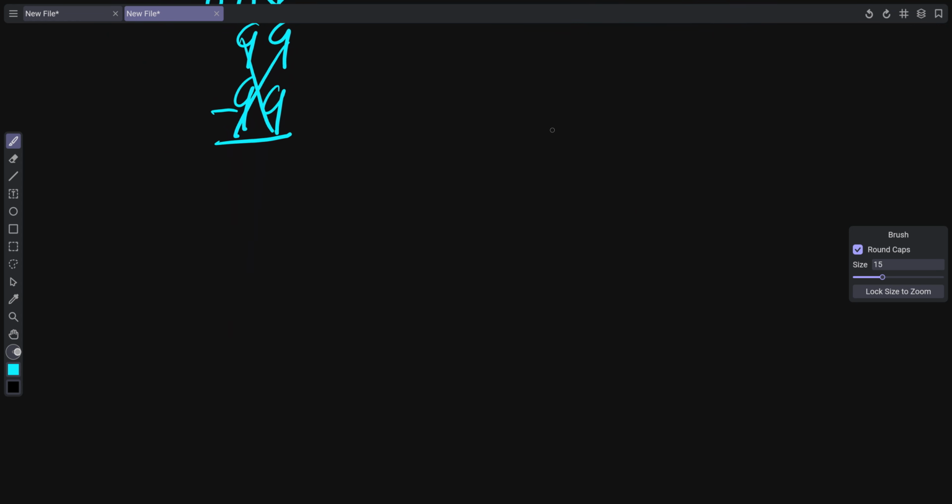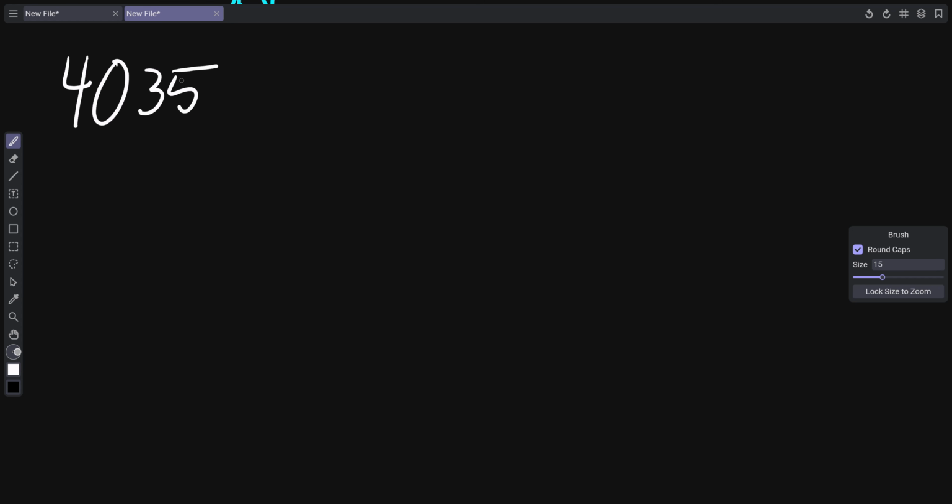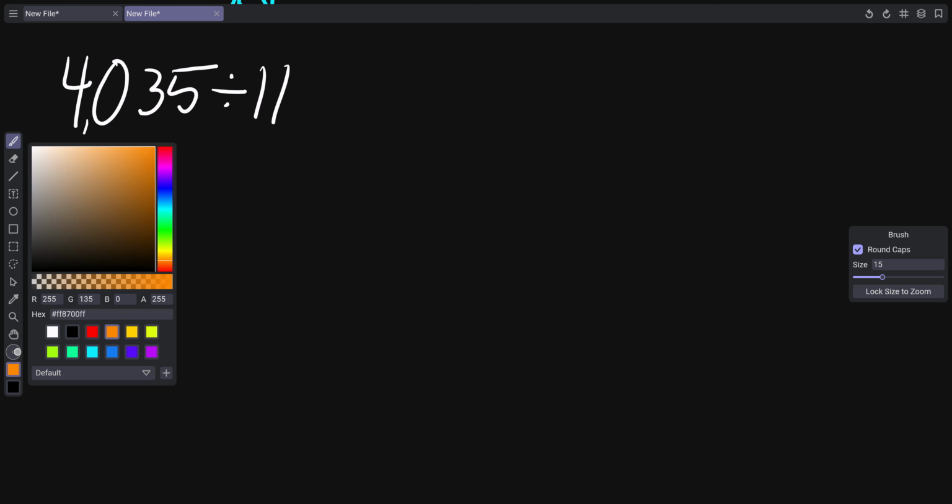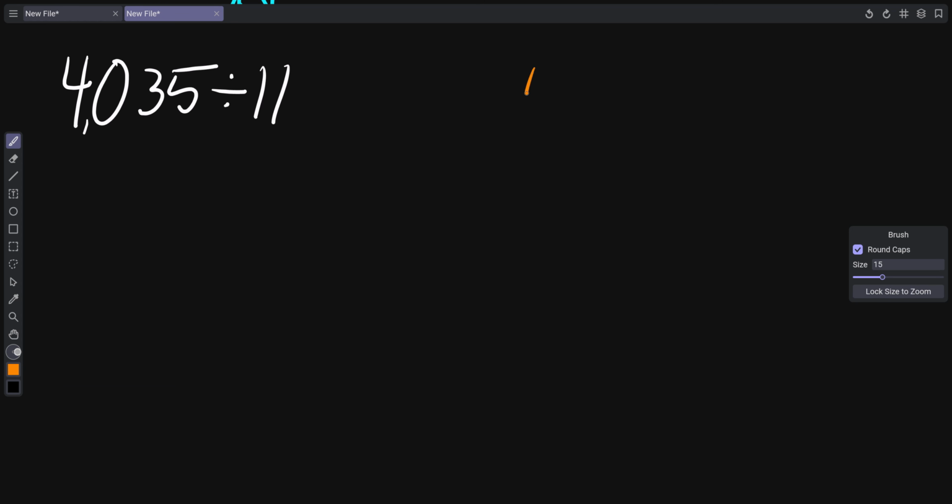What if we had something like this? What if we had, say, 4,035? Could we evenly divide 11 into this? Well, let's give it the test. So we start with 4, we subtract 0, we add 3, and then we subtract 5. 4 minus 0 equals 4.